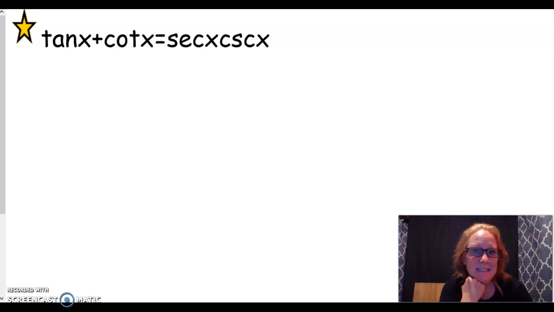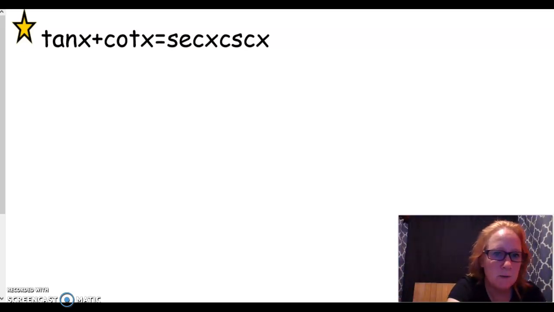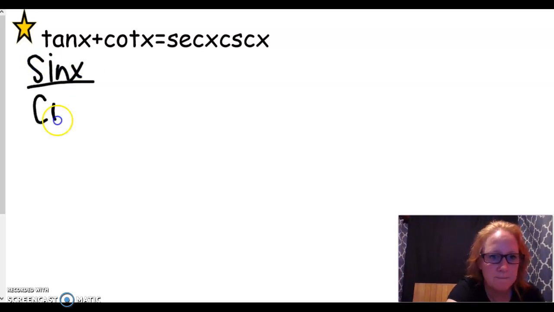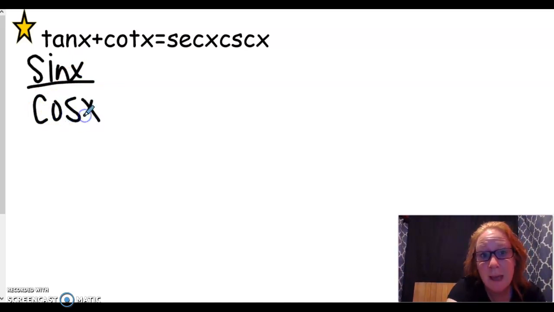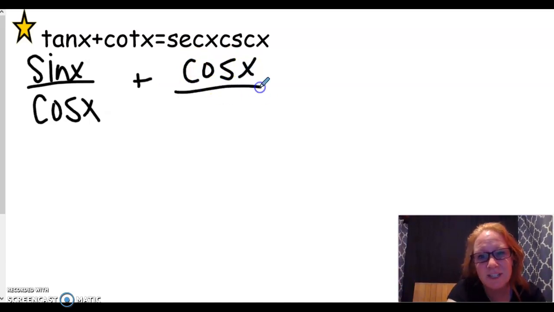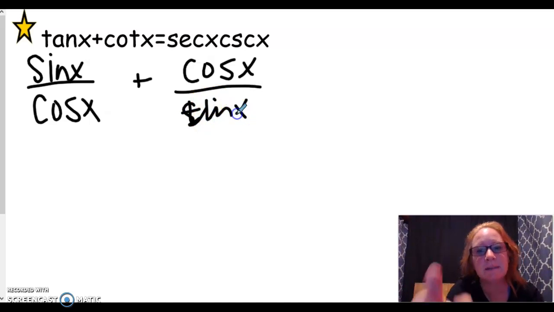In this case, I've got all sorts of different things, so I'm going to go sines and cosines. So tangent of x is sine x over cosine x, plus cosine x over, not tangent, sine x. We see this one a whole lot.